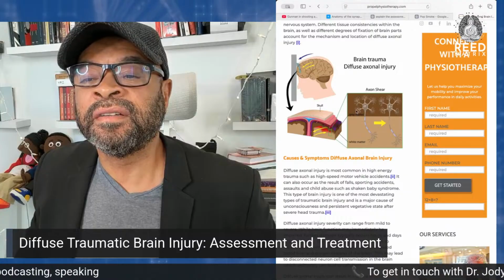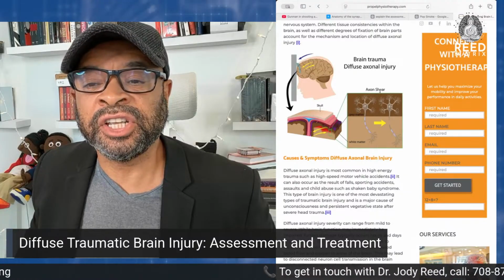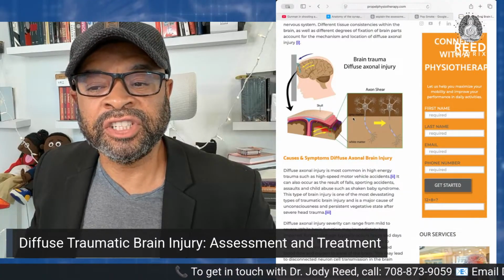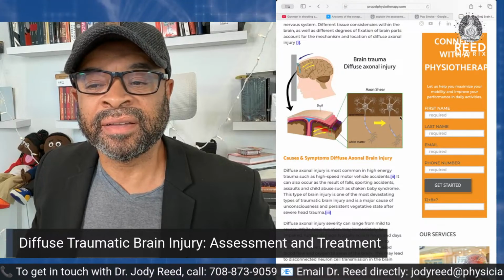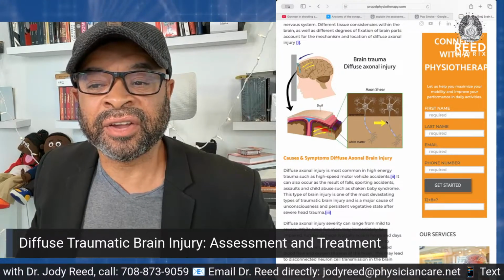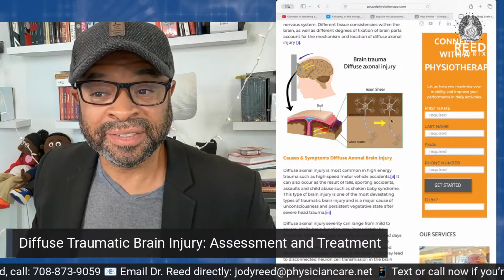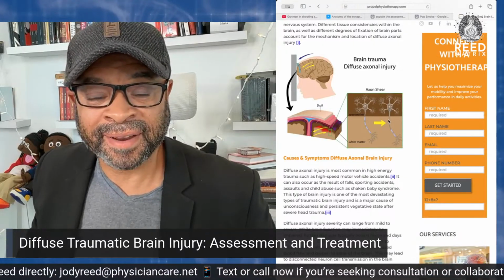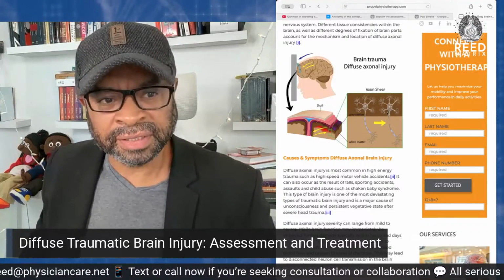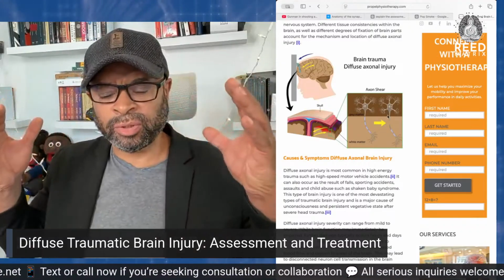Look, this is the axon shear here. At that differentiation between the gray and white matter, the severing can occur at this point, severing the neuron in half, right? This is very dangerous, and it can occur in multiple locations.